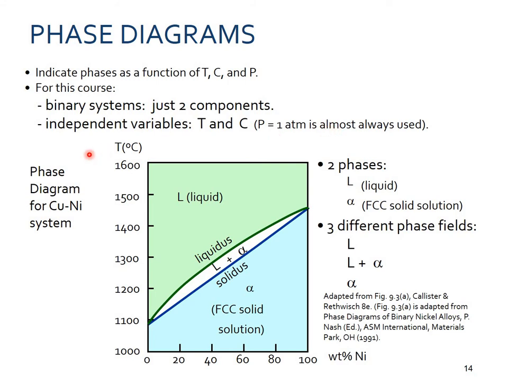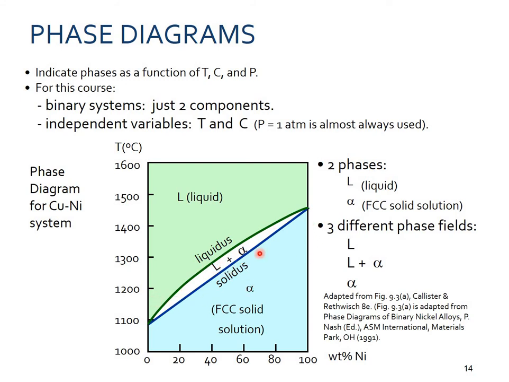In the phase diagram, on the y-axis we have the temperature, up to 1600 degrees in this case, and we are discussing a copper-nickel system, in which the percentage of nickel is increased. This is somewhat similar to what we discussed in the previous slide. This is the whole liquid region, this is the liquidus line, and the solidus line.